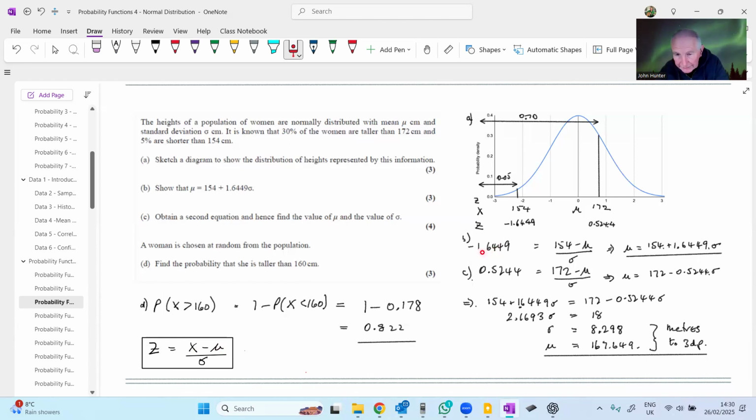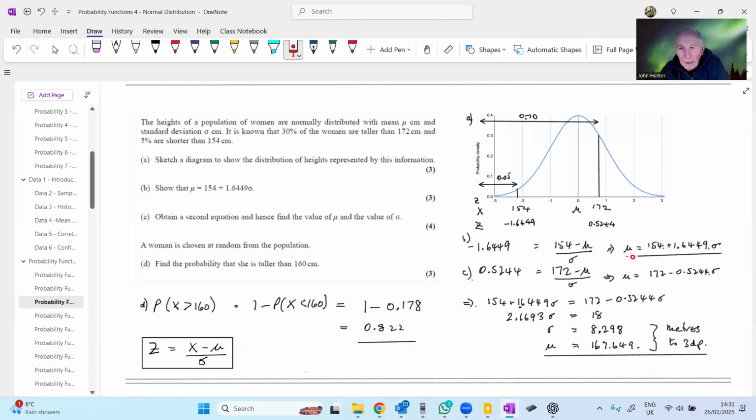So that's what we've got here. Minus 1.6449 equals 154 minus mu over sigma. We just multiply through by sigma and rearrange, and we're going to get mu is equal to 154 plus 1.6449 times sigma. So that is our part B.